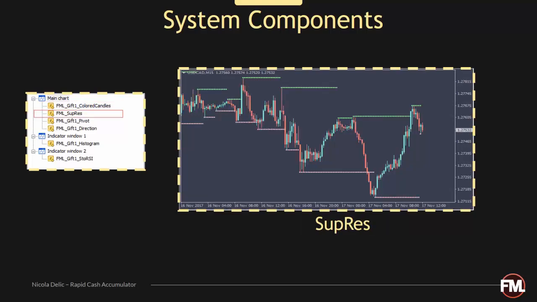The next part is support and resistance, and you can see here we have two different types. It's a simple indicator built on the basis that every 5 to 10 candles, we check the market for potential support and resistance points.